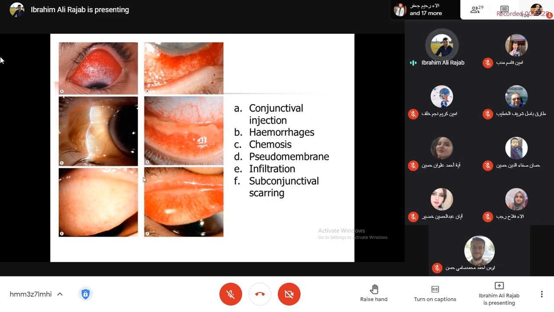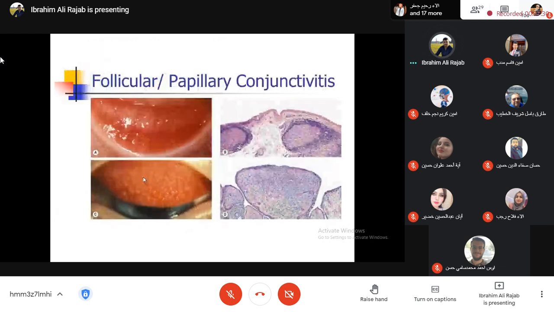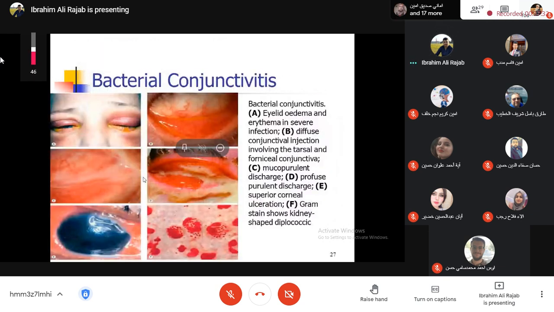Conjunctival infiltration and scarring are present in the bottom. These are signs of bacterial conjunctivitis, specifically gonococcal. It is not simple bacterial conjunctivitis. It is caused by gonococcus. In picture A, we see severe edema and a purulent discharge.